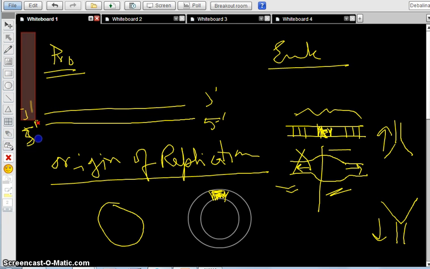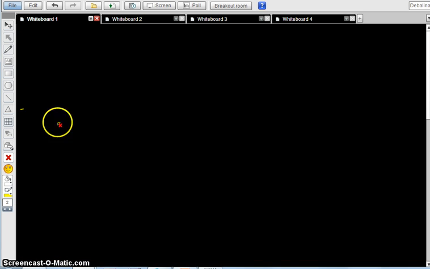I would like to go into that section of our discussion. This region where the replication starts is called Ori C, the origin. This segment of the DNA contains repetitive sequences.